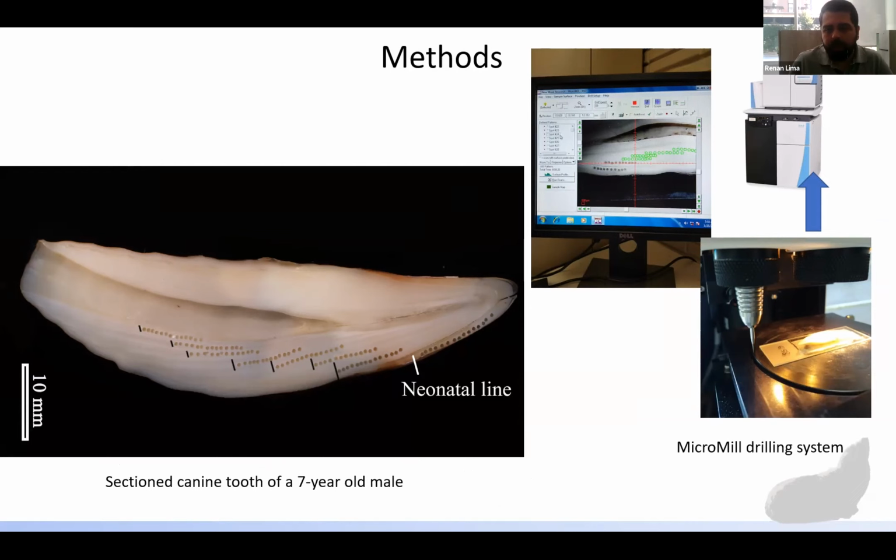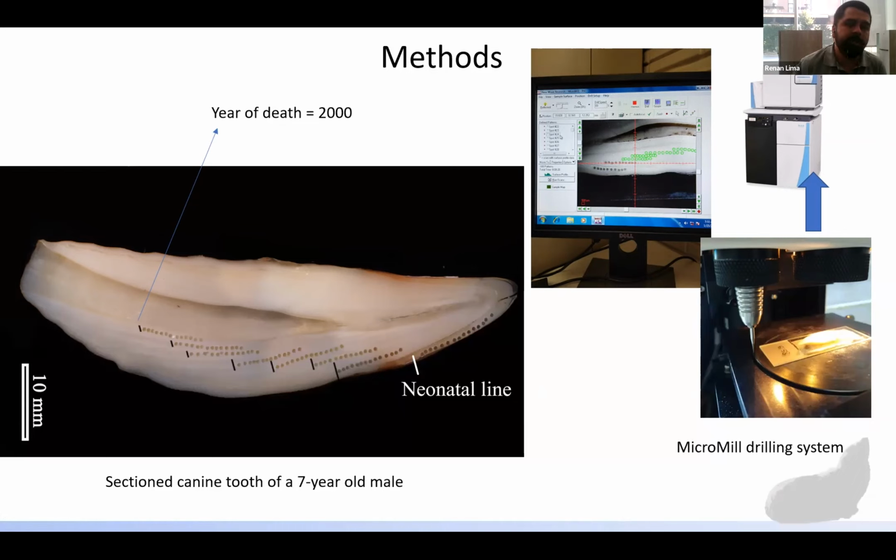And then we assigned the last GLG, the last growth layer group, to the individual's year of death, and back-calculated calendar years for the previous GLGs. So for example, we have here a 7-year-old male that died in the year 2000.